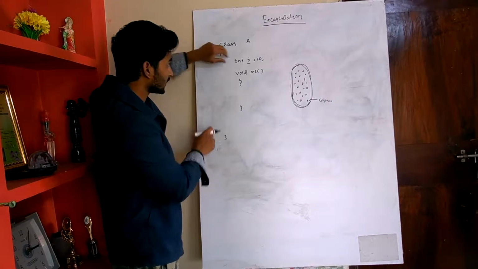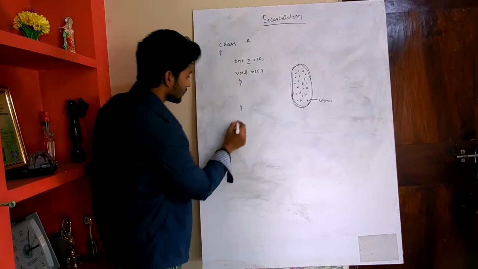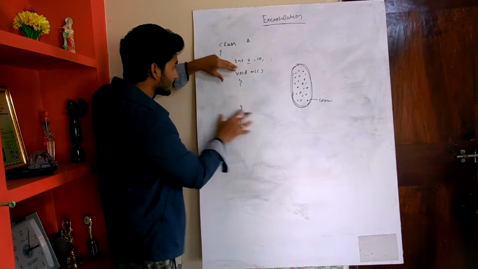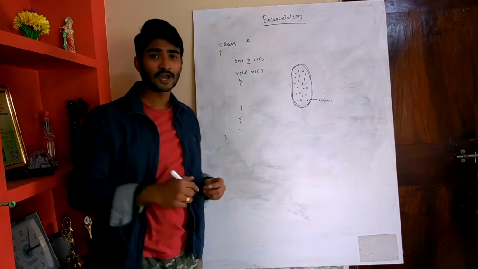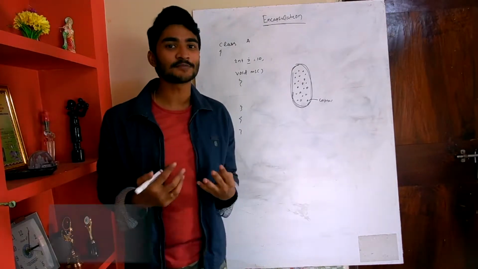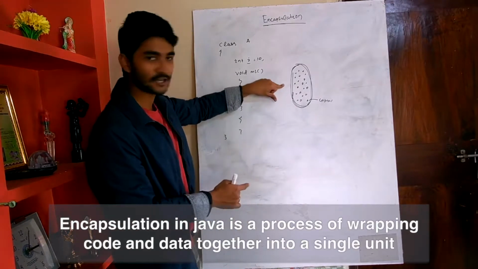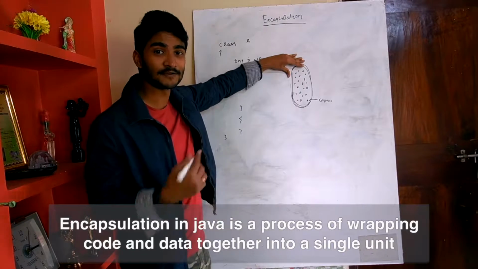So your class is containing all the data members, I mean all the variables, all the functions, maybe a block, and it is wrapping these things as a single unit. This is the concept of encapsulation: wrapping everything as a single unit, or presenting something as a single unit, like the capsule does. Inside the capsule we have different ingredients and we're presenting it as a single unit.